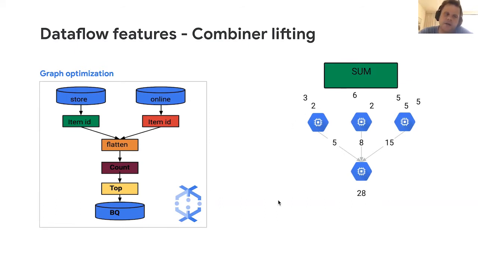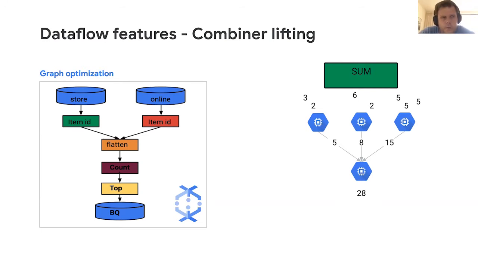Cool. Another level of optimization is what we call combiner lifting. What I referred to before about shuffling and then reducing basically means that we aggregate certain elements by key. In the case of certain aggregations, we can do these aggregations locally at the different workers before shuffling the data to obtain the global aggregates.